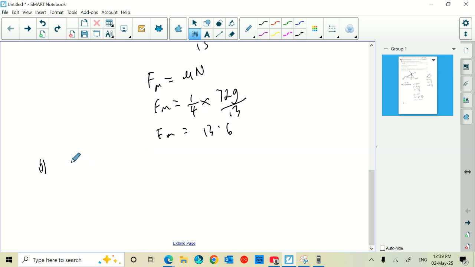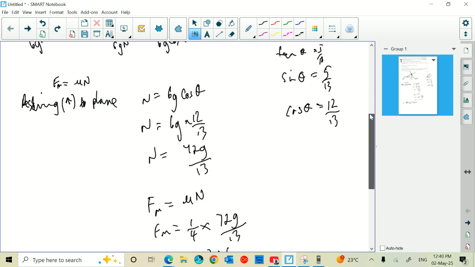So I'm going to tell the examiner what I'm going to do now: resolving up the plane, and the resultant is again mu N. The resultant force is found using Newton's second law if you're going up the plane.